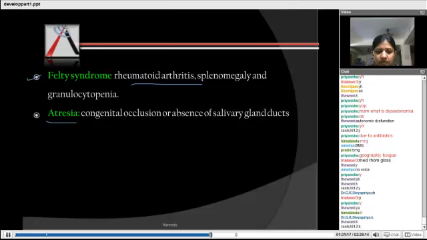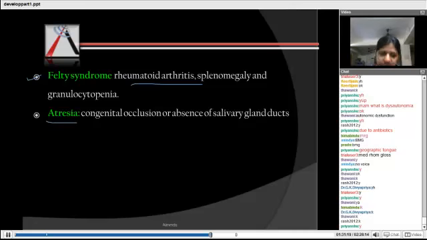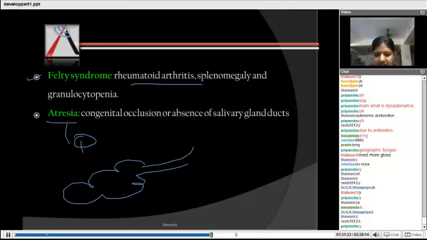Then coming to a term called atresia. Atresia has been asked as an MCQ, so please learn this term well. Atresia means when you don't have a duct of the salivary gland. All of us know we have salivary glands and they are duct-containing glands. You have a duct through which the secretions come out.